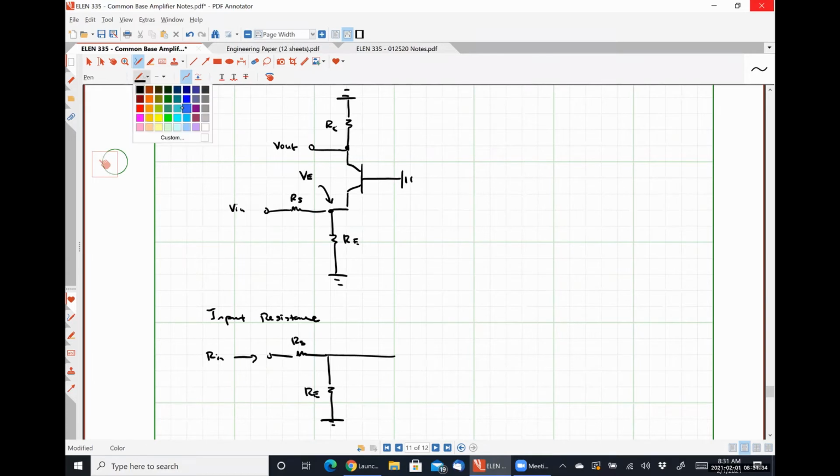So we're just looking in through this terminal and we see a common base core, right?